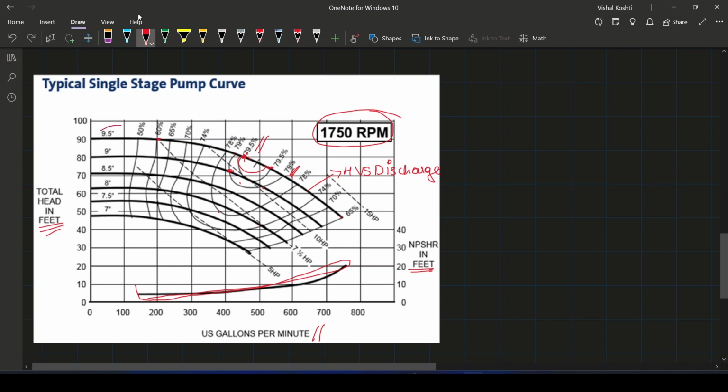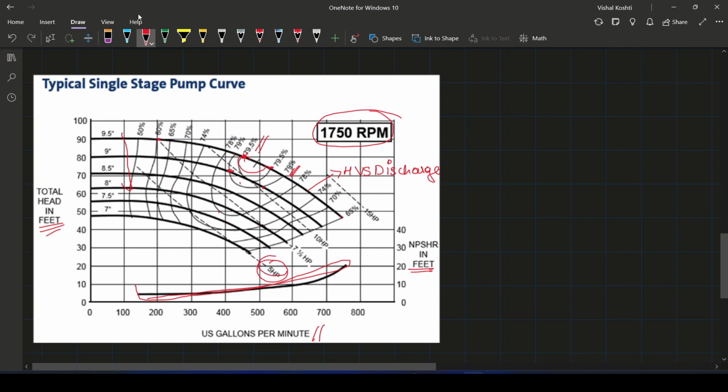And here you can see these numbers. What exactly are these numbers? These are the diameter of the impeller. As I told before, as the diameter of the impeller decreases, the efficiency also decreases, as well as the power consumption. Here you can see this line. This is the power consumption.